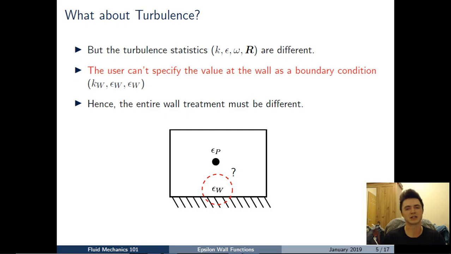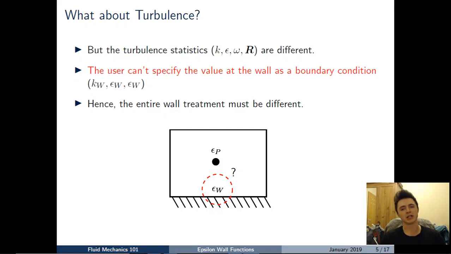So you don't have to specify a turbulent kinetic energy, a dissipation rate, or a specific dissipation rate at the wall. Usually the user simply informs the CFD code that this is a wall adjacent cell and we'd like to use the turbulent near wall treatment.